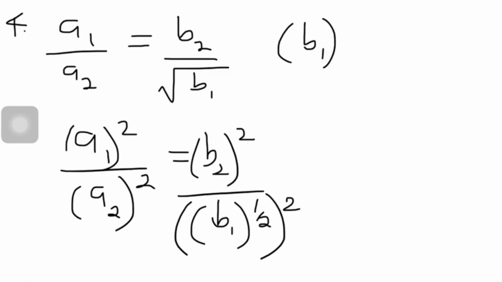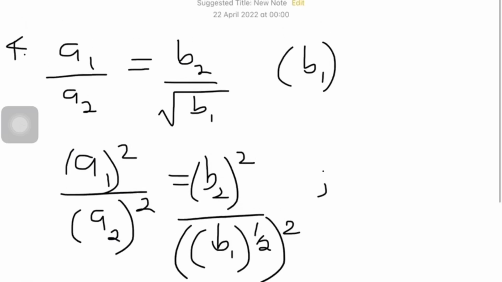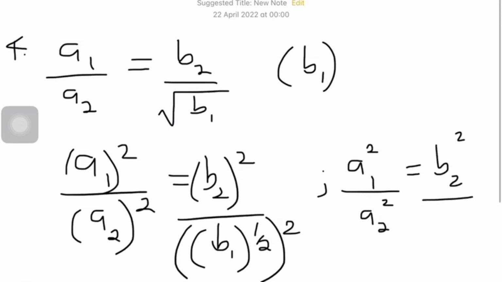Okay, so this is the same as A1 squared all over A2 squared is equal to B2 squared divided by, the 2 cancels the 2, and then we remain with B1. Okay, so now from there the next step is to cross multiply, because we want to get rid of the fractions.